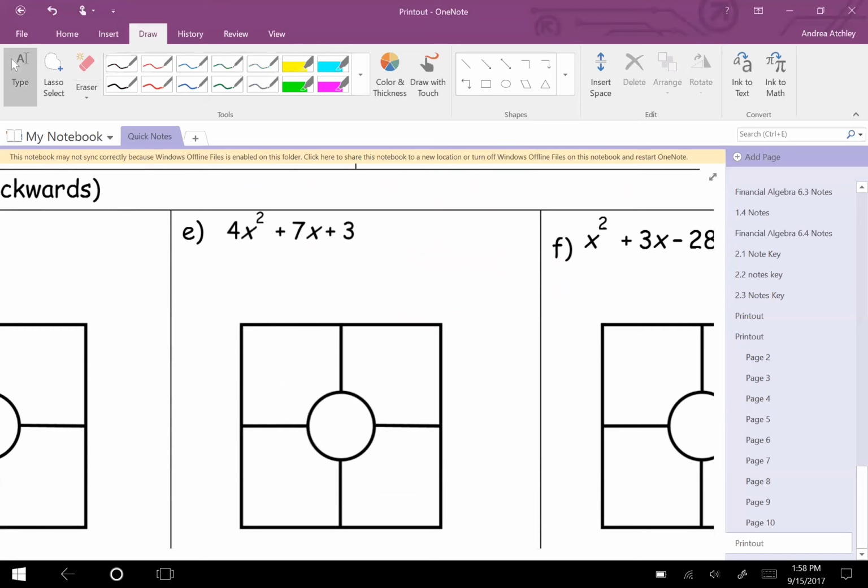So we're going to do one example here. Yes? You don't have a blank page? Are you sure? On the back of your 2-4 notes. Yeah, the back of 2-4 should be blank. That's good? Okay.